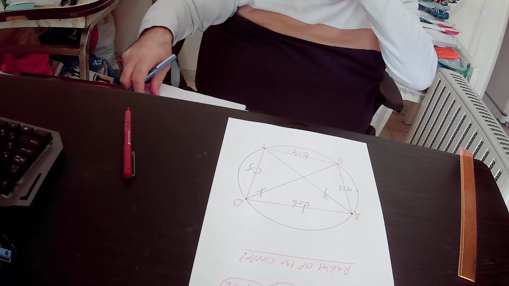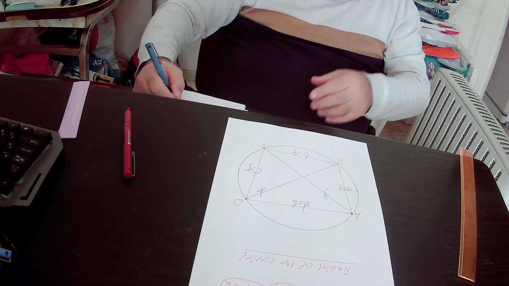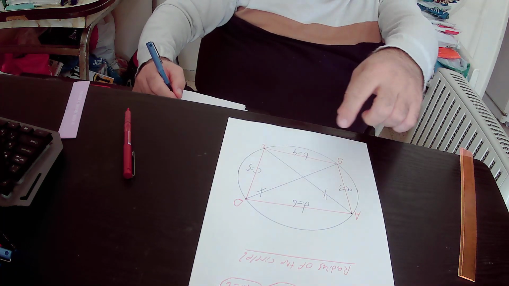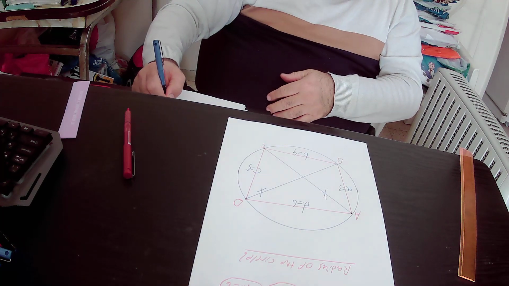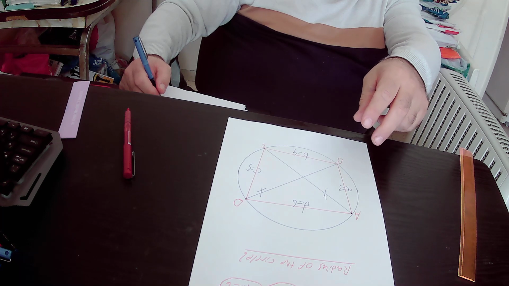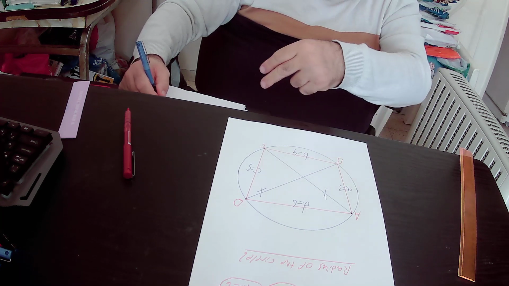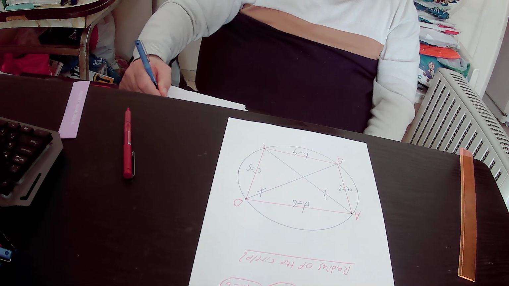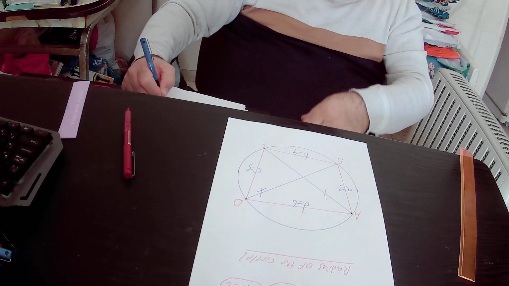Therefore, according to rule number 3, the radius of this blue circle that blocks triangle ABC will be equal to the product of triangle ABC sides, that is to say A times B times Y, over 4 times the area of triangle ABC.